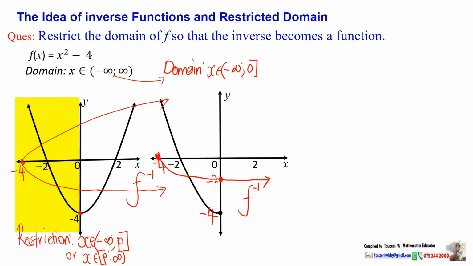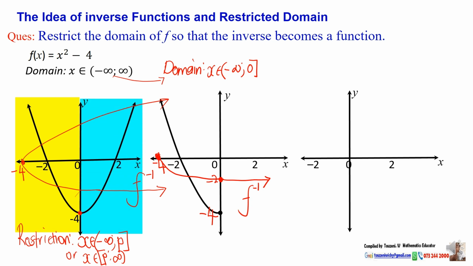The other option is from p up to positive infinity. Remember, p represents the x coordinate of the turning point. If my domain is limited to the positive side, it means my graph is going to be in the green highlighted space, which is the right hand side from 0.